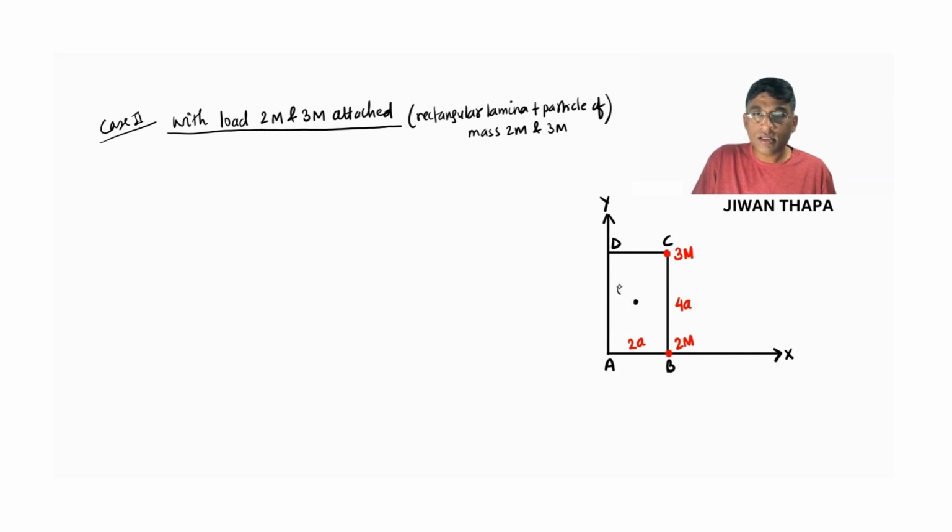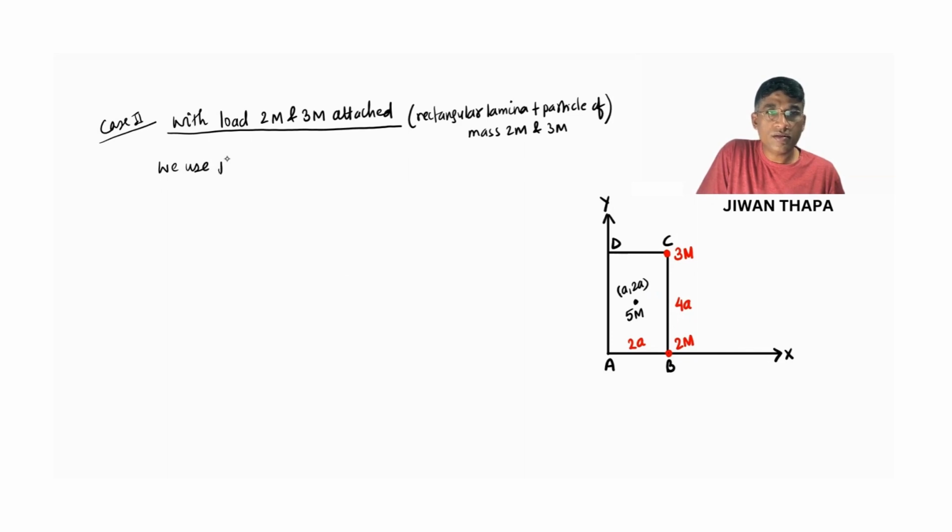This is a comma 2a, and the whole mass of the rectangular lamina without load is at this point, and the mass of the rectangular lamina without load is 5m. Clear? Now what we do? We are considering all the load attached.